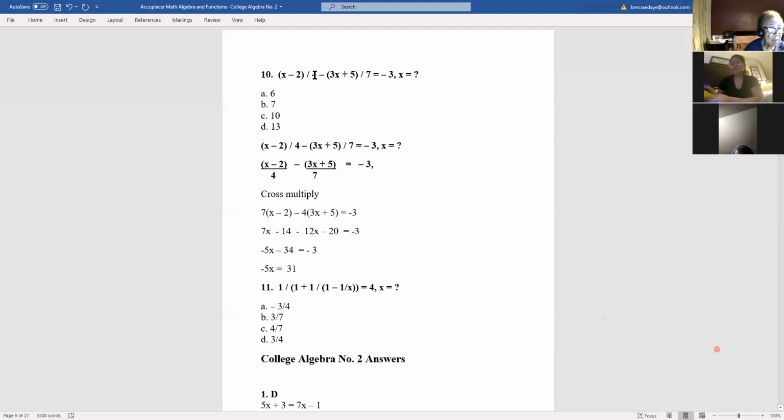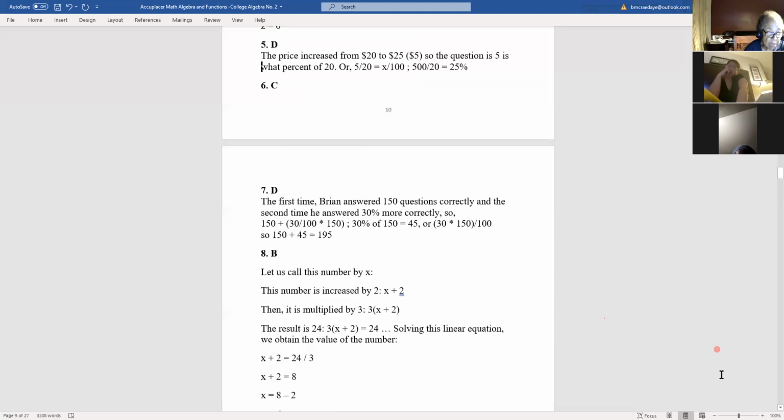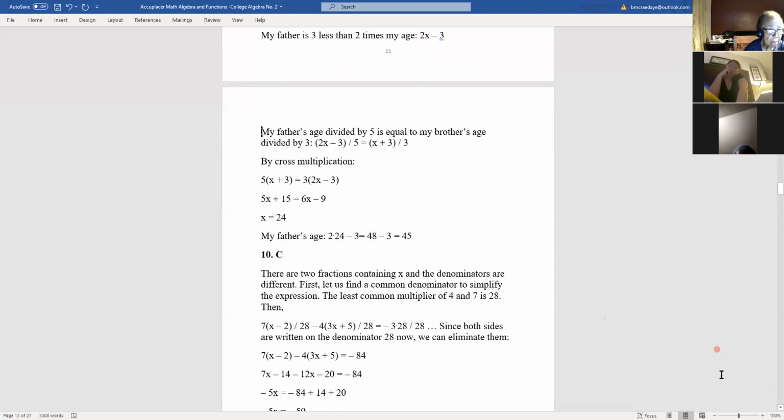So 7 times 4 is 28 and 7x minus 14. And 4 times 3x is 12x plus 20. I think that's what we have there. Yeah, they use the 28 because 7 times 4 is 28. So 7x minus 2 over 28 minus 4 times 3x plus 5 over 28.